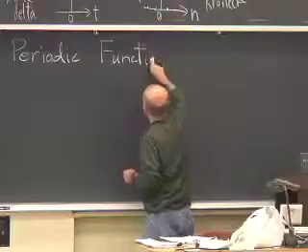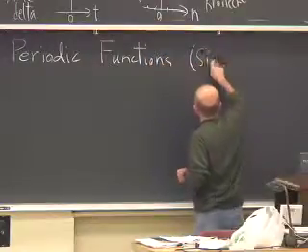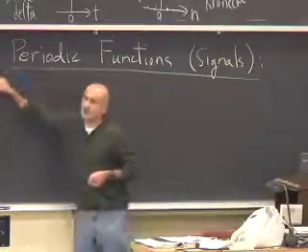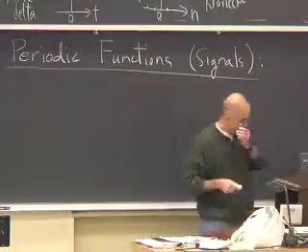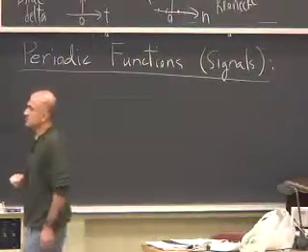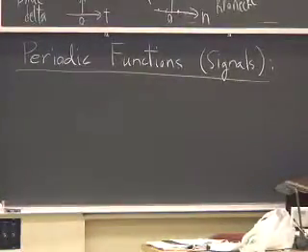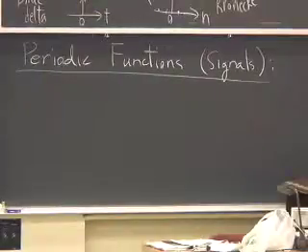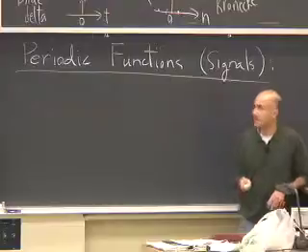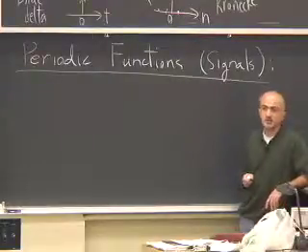Periodic functions are signals. We've been tiptoeing our way around them, and I may have even mentioned the definition of a periodic signal in one of the lectures. But let's get this discussion nailed down so we can move on to the Dirac deltas.